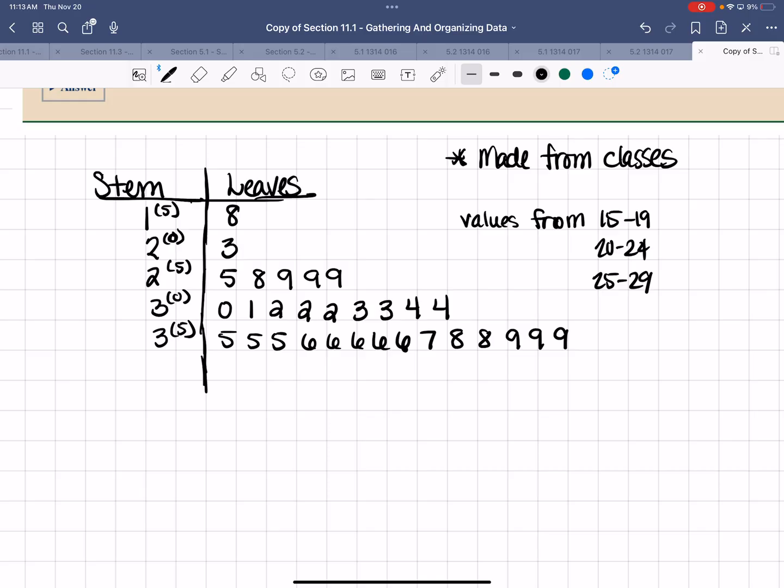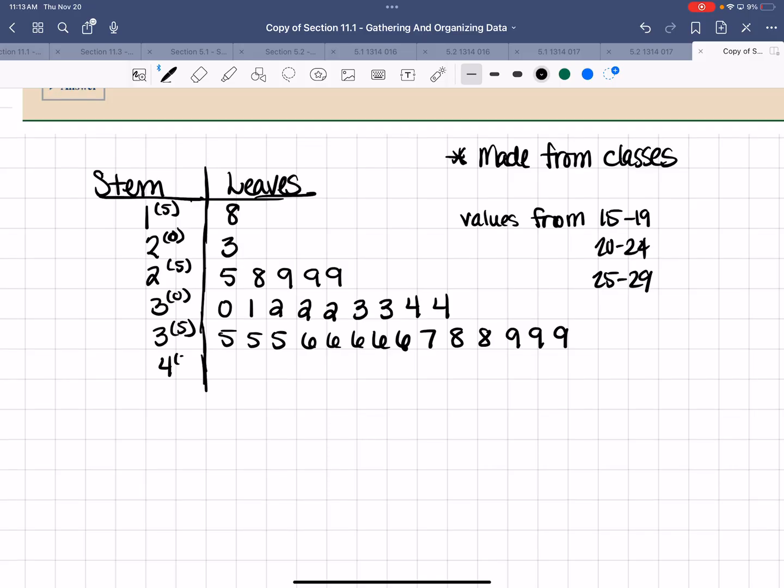Let's see, 2, 4, 6, 8, 10, 12, 14, 16, 18, 20, 22, 23. 23 leaves on one row is what they did. Okay, they busted that up. And then finally, 40 to 44, all I have is 40. And that is all of 11.1.